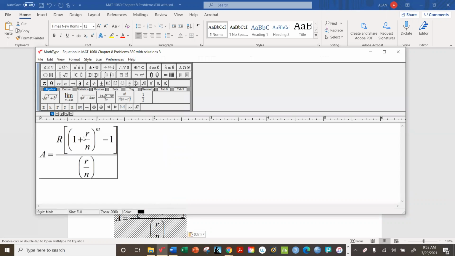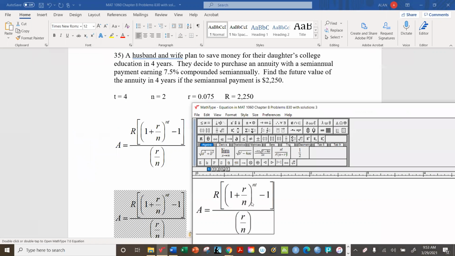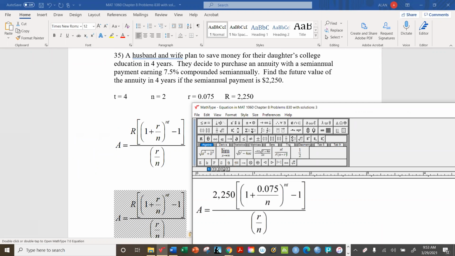All right, so we know in this case that it's a $22.50 payment. The rate of interest is 7.5. N is 2. Wow, what a mess.